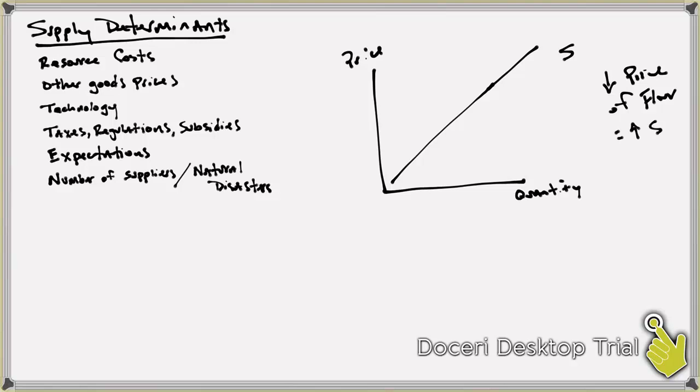Okay? And on my graph, I'm going to illustrate that by shifting the whole supply curve to the right. Draw a new supply curve. And that is an example of an increase in supply. The decrease in the price of flour allows me to make more donuts. My supply curve shifts to the right. Okay? A decrease in supply would be the opposite. We'd shift the curve to the left.